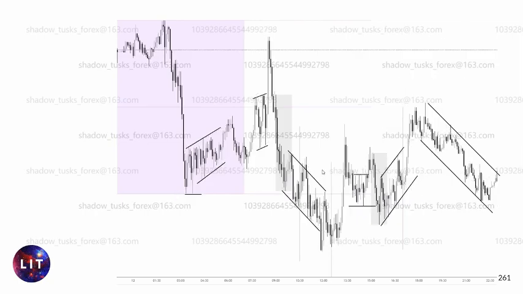Perfect. So let's look at how these were induced. Right. So with this upwards channel, we obviously induce it to the high side first, come down, induce to the low side, and then go into another little build up where we induce to the high side, mitigate Asia.